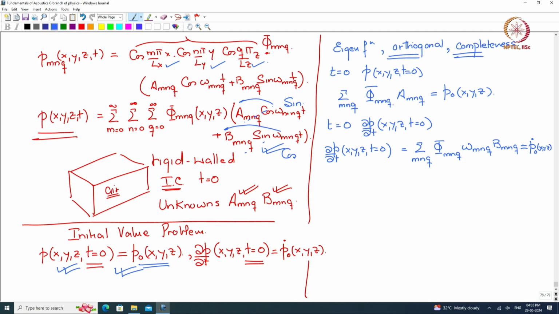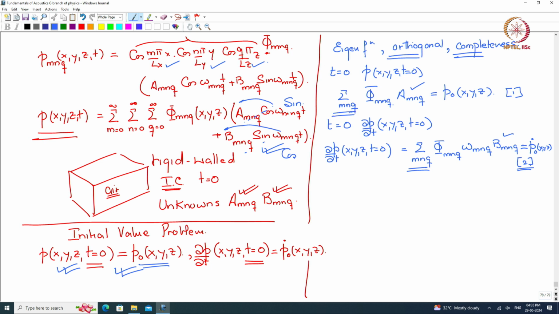Let us call this 1 and this 2. So these B_mnq and A_mnq are my unknowns, coming under this infinite sum.